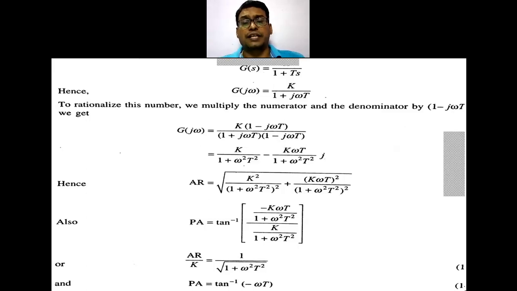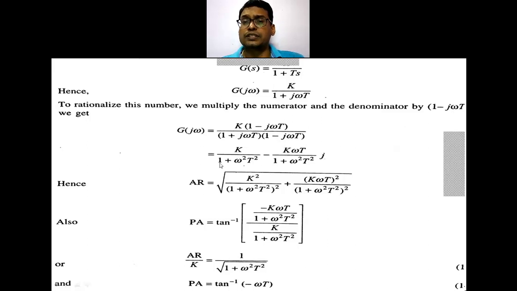To rationalize this, we multiply the numerator and denominator by 1 minus j omega tau, and separate the real part, K upon 1 plus omega squared tau squared, and the imaginary part, which incorporates the j.